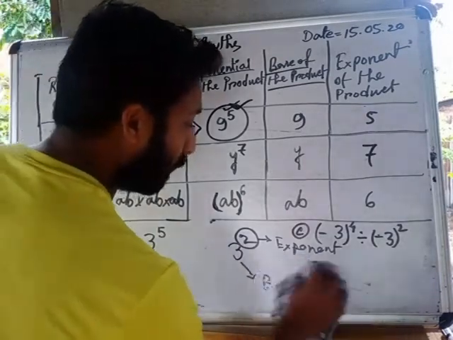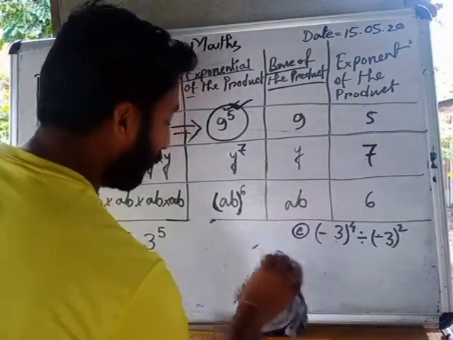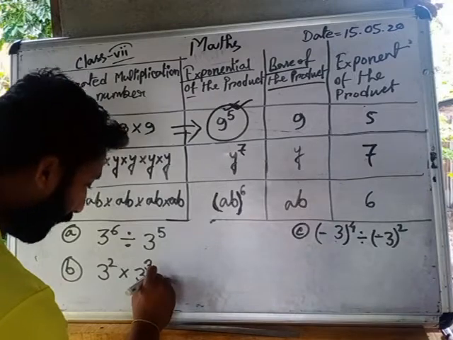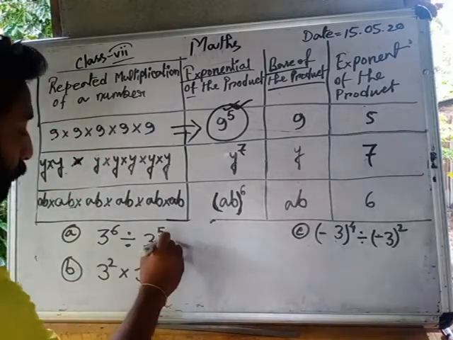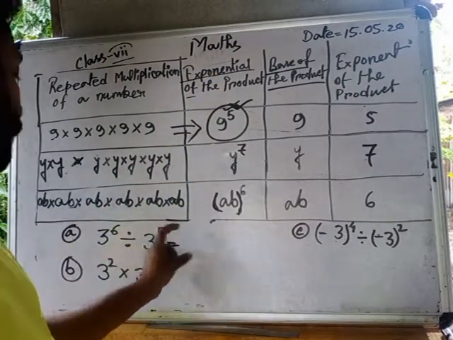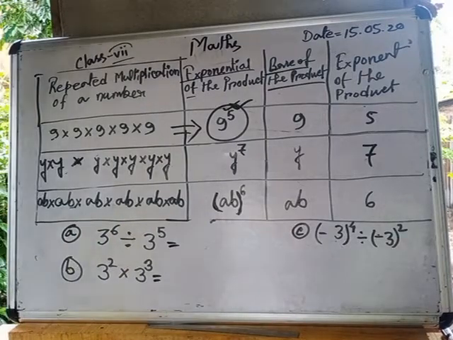When it is in exponent form, how do we multiply and how do we divide? In exponential form we usually use multiplication and division.